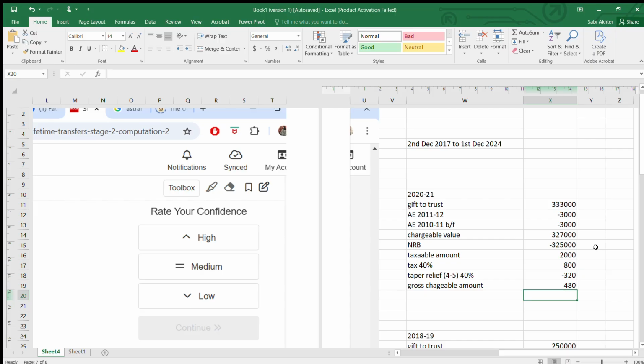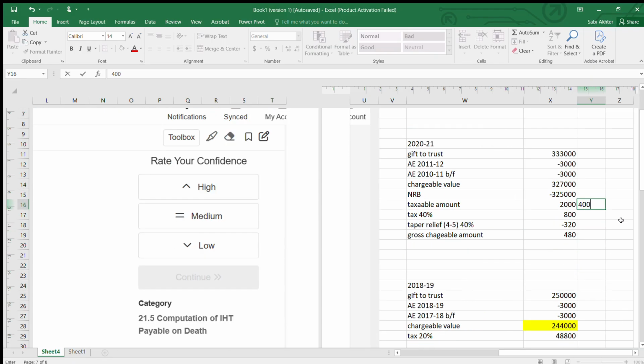And from here you have to deduct any lifetime tax paid. This you will get from your activity 2, or you can just take 25% of 2000, which was 400. So now, IHT already paid, minus 400.